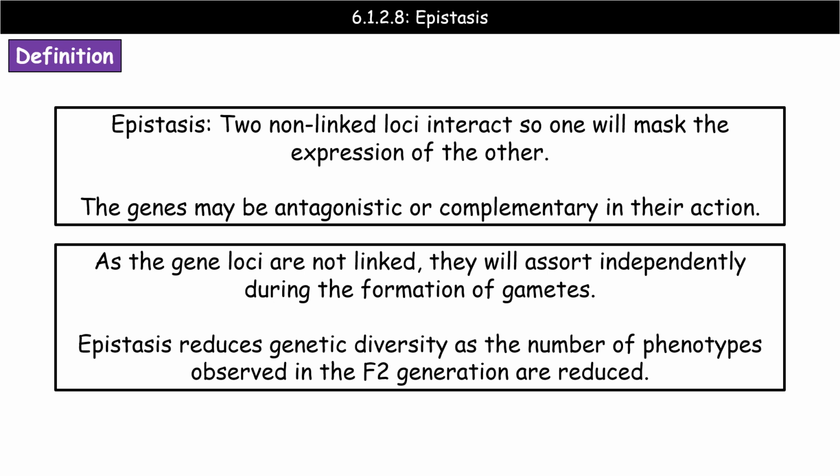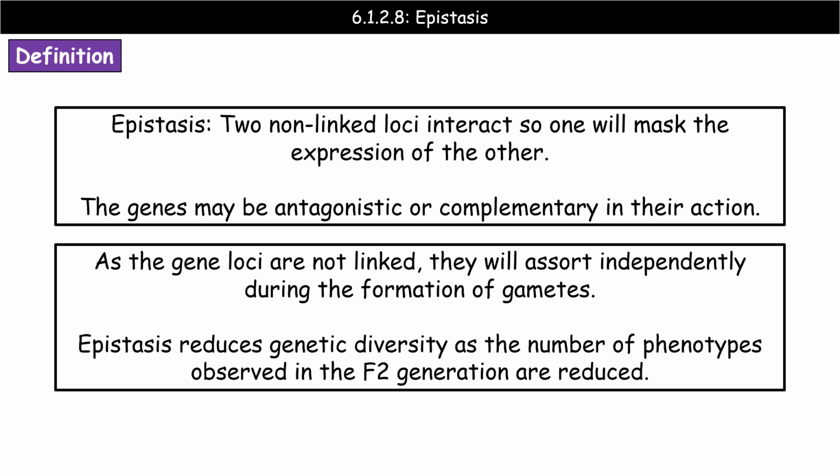When it comes to thinking about genetic diversity and the impact of epistasis, what we see here is a reduction in genetic diversity. The reason we get that reduction when epistasis has a part to play is that, when we're considering our F2 generation, we see a masking of the expression of a particular phenotype, so we see fewer phenotypes being expressed.